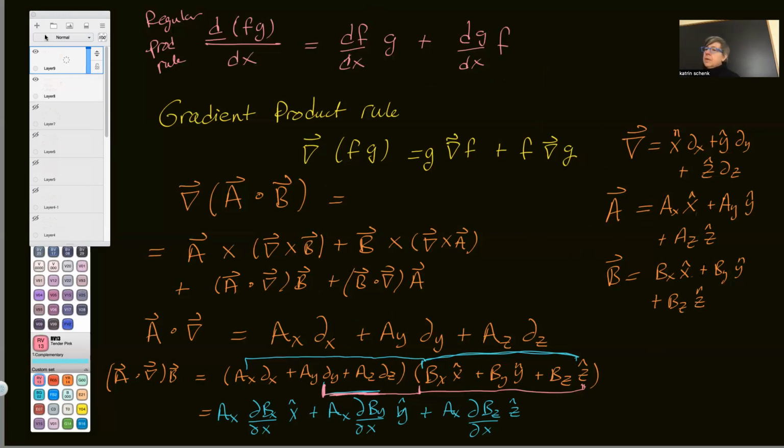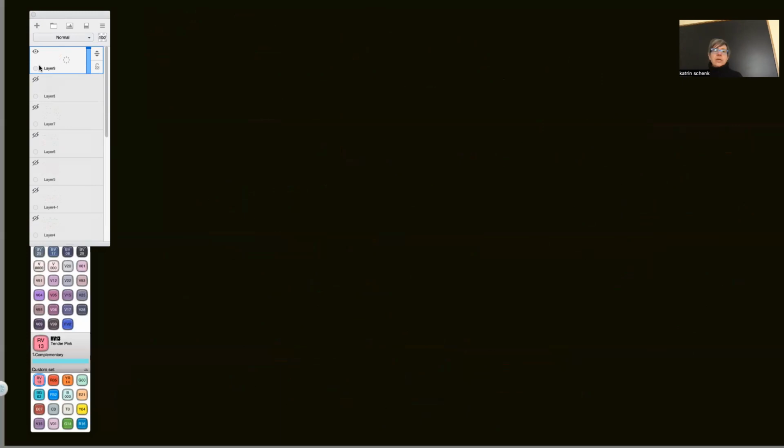Okay. All right. Let's look at some rules. So we have del dot grad. If you take the divergence of a gradient, div grad, you don't necessarily get zero. This is fine.